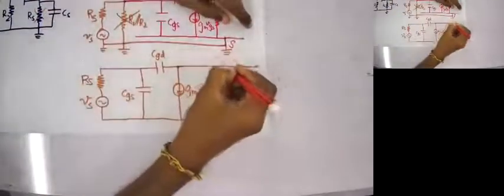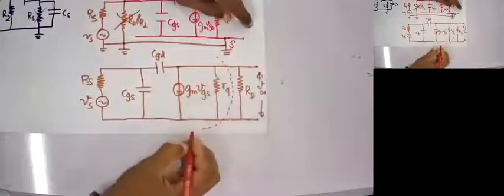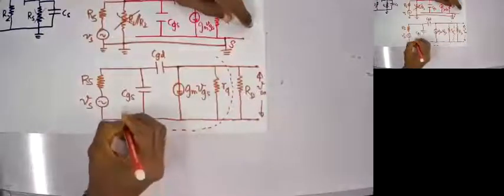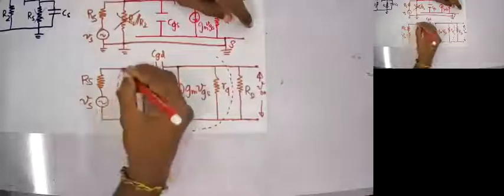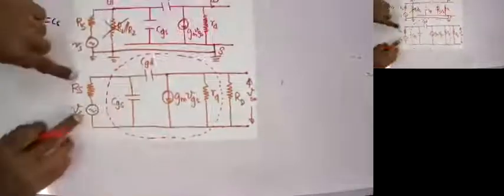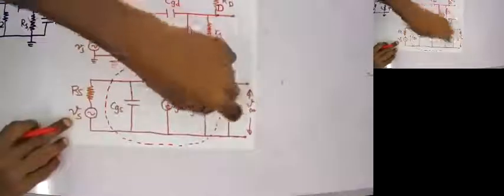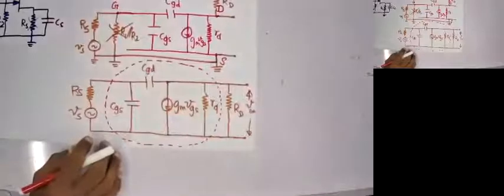So now what I can say is all these things are inside the transistor, am I right? All these things are inside the transistor, and what we have are RS and VS and RD, the drain resistance, which are connected outside of the transistor.